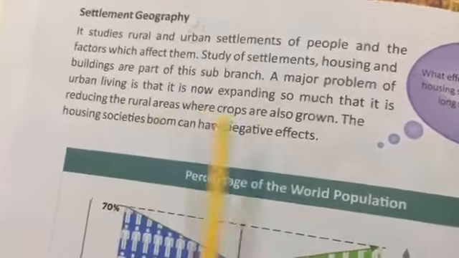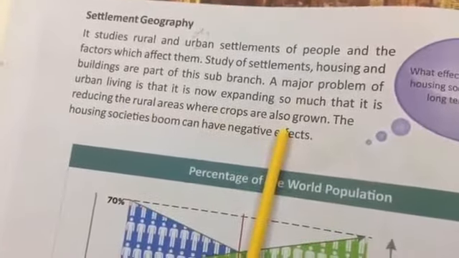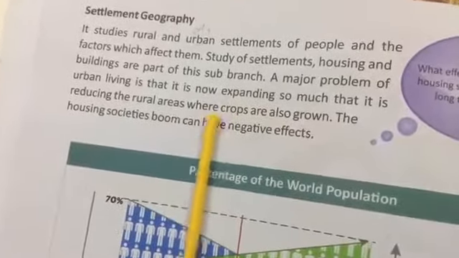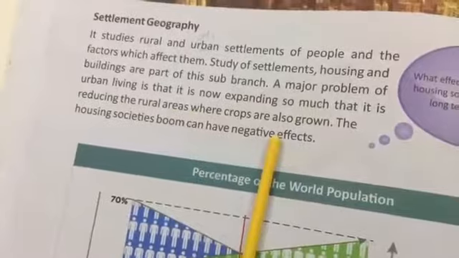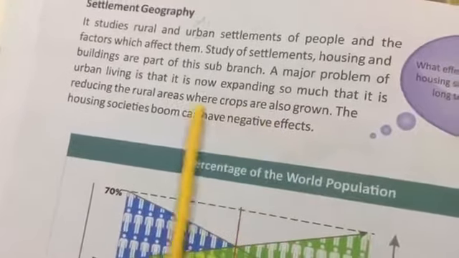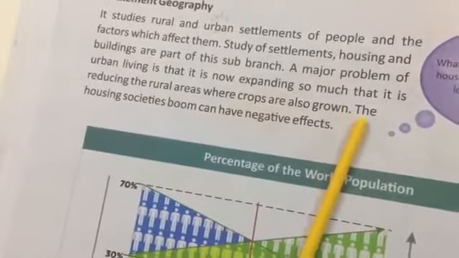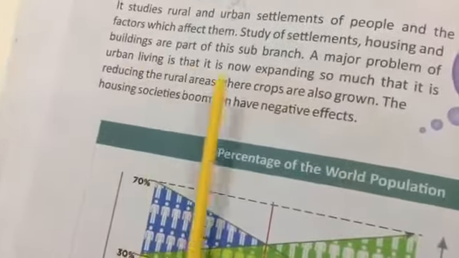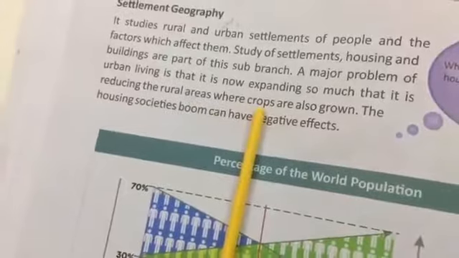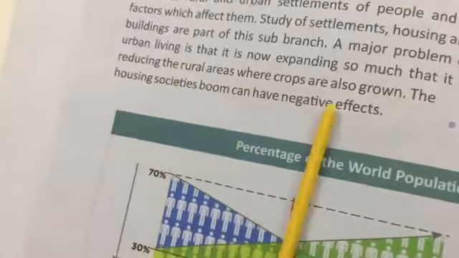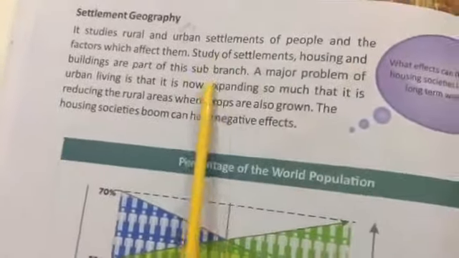In the rural areas, there are not many buildings, and the people of that area grow crops. So the rural areas are helpful for growing crops, but as the urban living is expanding, they are making more and more buildings, and the population is expanding. So the crop growth also decreases because they are moving towards the rural areas. And the house booming can have negative effects.